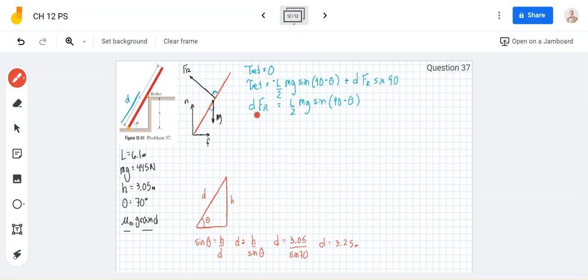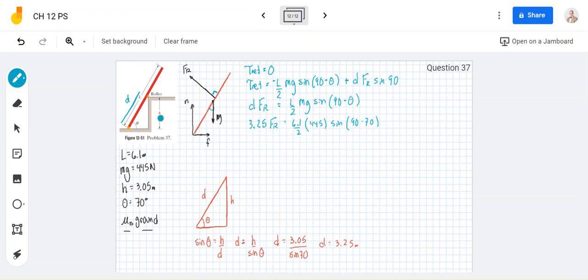Okay. So let's see if we can't plug this in now and go for it. So I have 3.25 times the force by the roller is equal to L, 6.1 divided by 2, times mg, which is 445, times the sine of 90 minus 70.